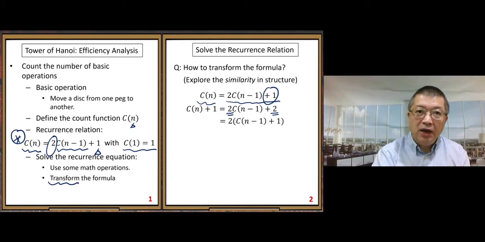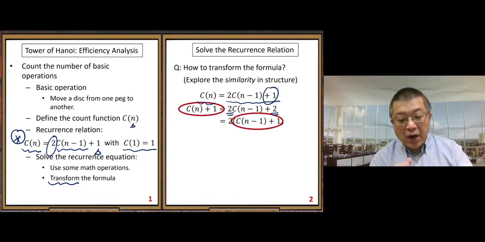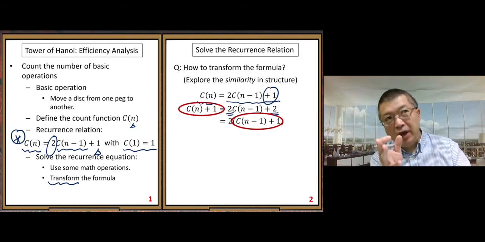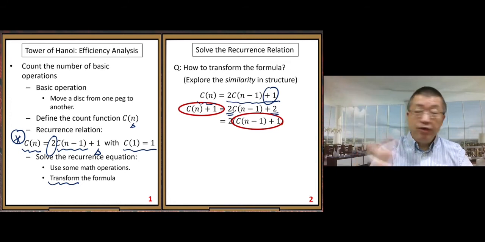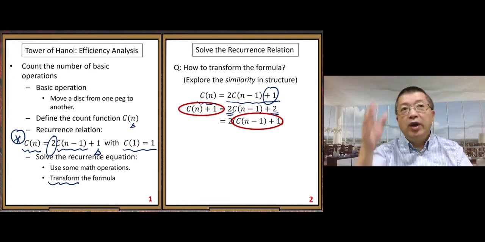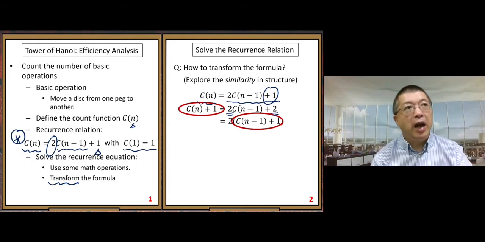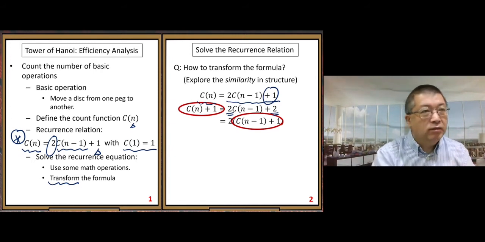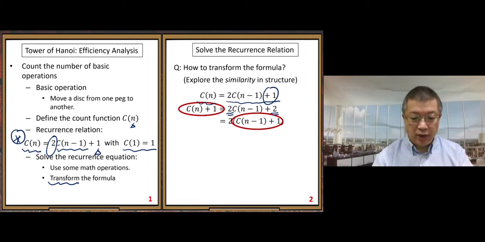Comparing left-hand side and right-hand side, at the left-hand side we have C of n plus 1, and at the right-hand side we have C of n minus 1 plus 1. Both plus 1. Do we get a similar structure? Yes. We can take advantage of the structure similarity to simplify the problem.